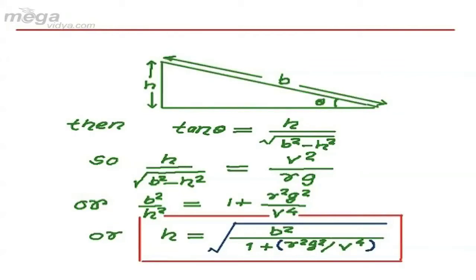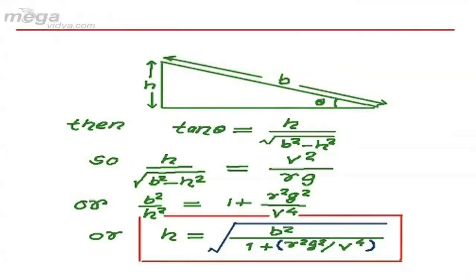So by putting the value of tan theta from here into the equation which we attained by the two different processes, h upon the square root of b square minus h square is equal to v square by rg, or b square upon h square can be written as 1 plus r square g square upon v to the power 4.